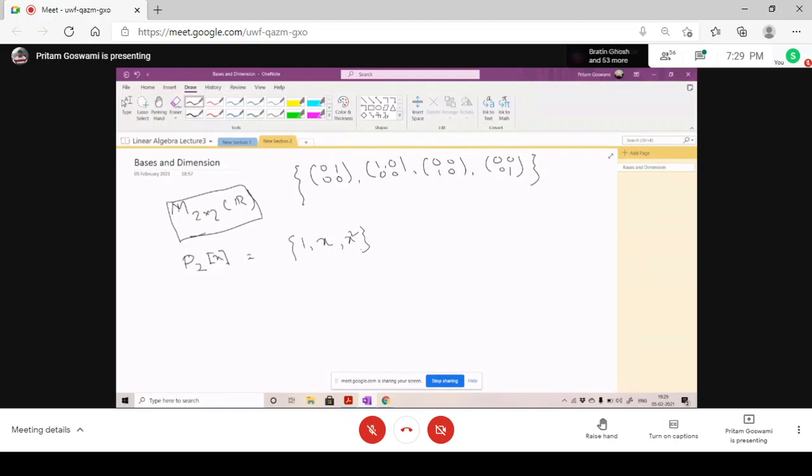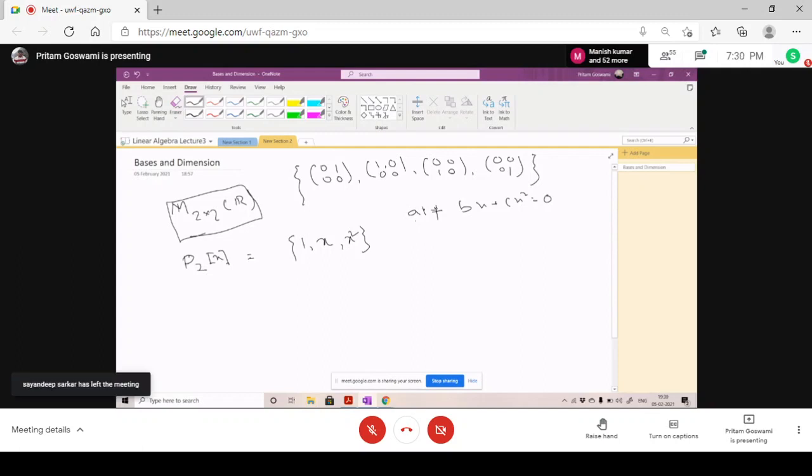Yes, sir. We can write a into 1 plus b into x plus c into x squared equals 0. This equation cannot have more than 2 roots because it is a quadratic equation. But it is 0 for all x, so the only solution is a equals 0, b equals 0, and c equals 0.